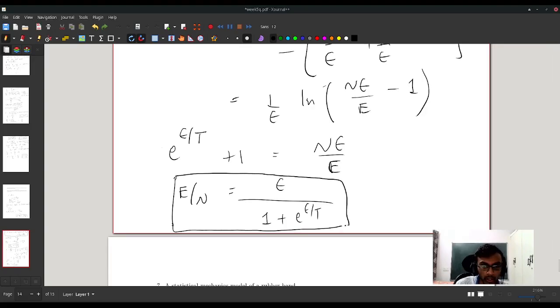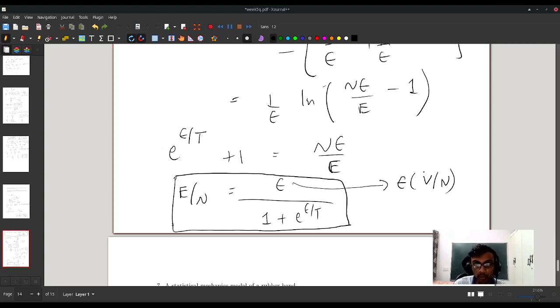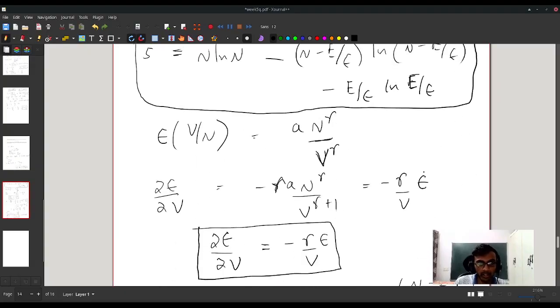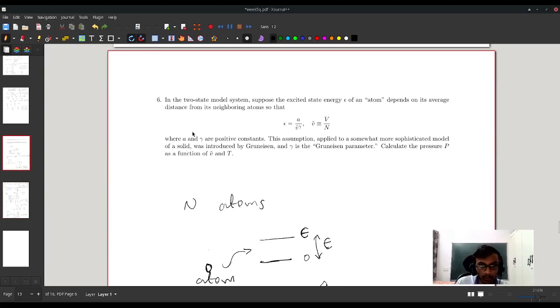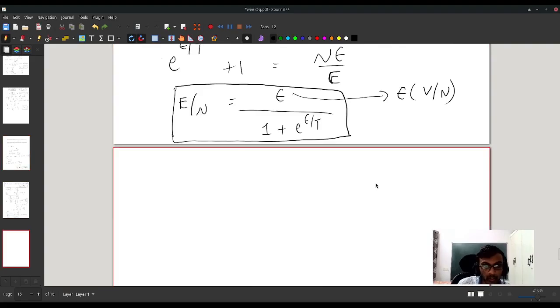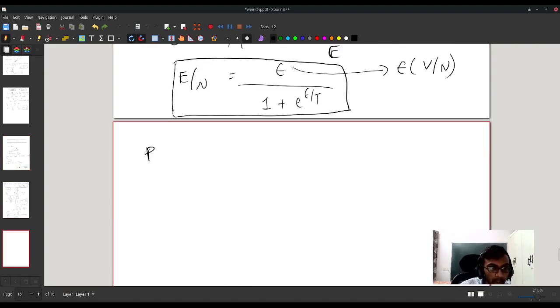So here of course there's a dependence of epsilon on V. Just to make this point, epsilon is a function of V and N, a function of V over N, and what we then need is the pressure in this question. So calculate the pressure as a function of the density or the specific volume and temperature. P by T is going to be ∂S/∂V. This is what we'll be using.